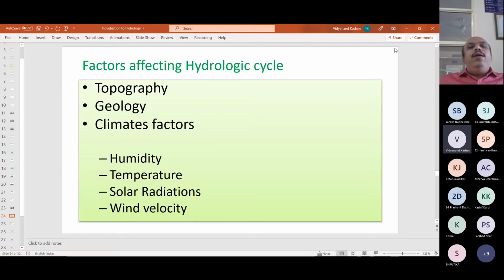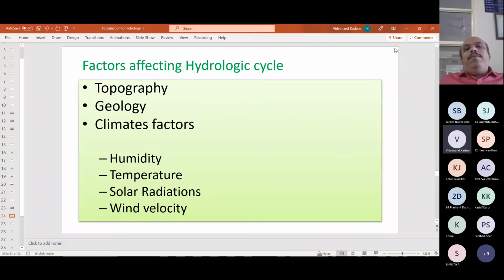Okay, on the equator, the sun rays reach nearly vertical to the Earth's surface, and due to that, convective precipitation takes place, and there is always rainfall. In almost every evening, there is rainfall. So this is how topography affects the amount and intensity of precipitation.